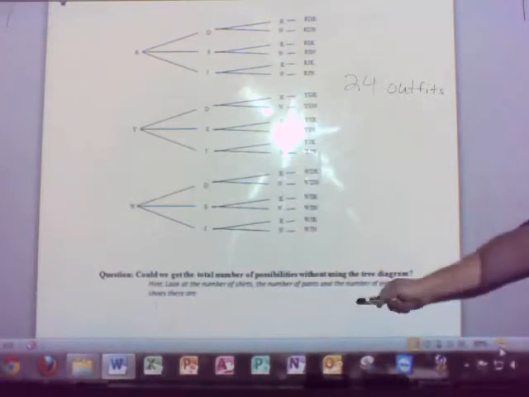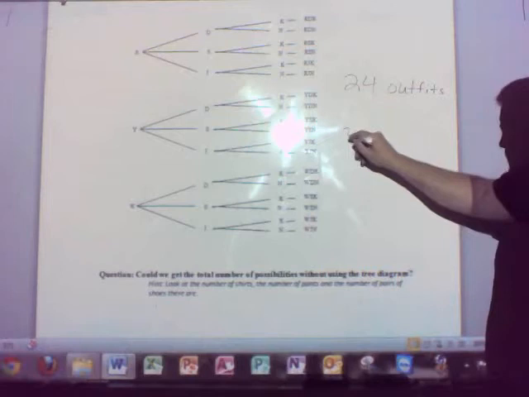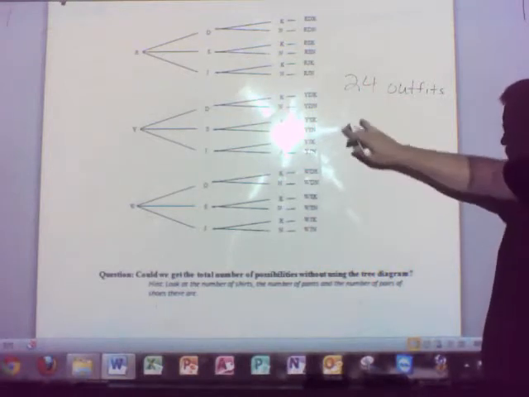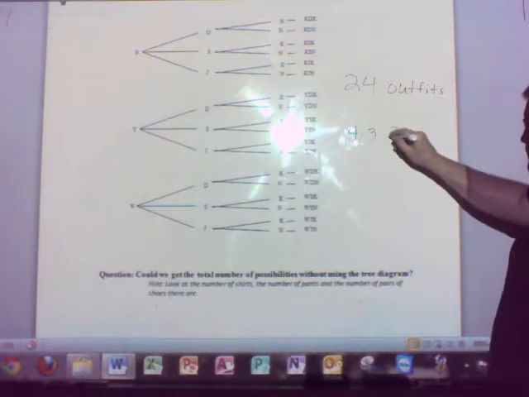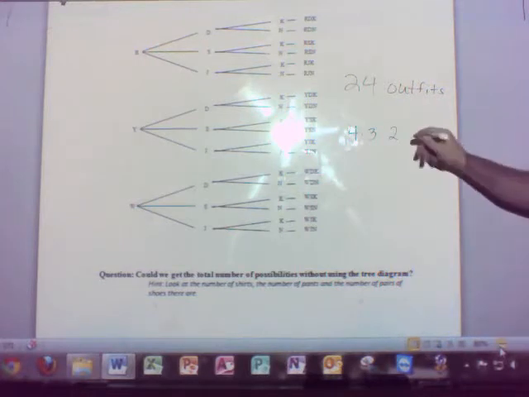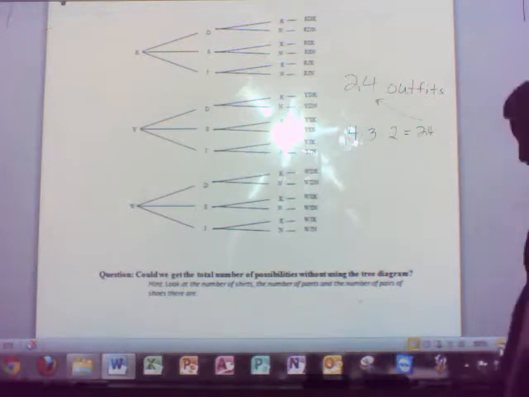Hint, look at the number of shirts, which is 4, the number of pants, which is 3, and 2 shoes. 4 shirts, 3 pants, 2 shoes. Is there any way I could get 24 out of those 3 numbers? And I gave you a big hint right there on the board. What is 4 times 3 times 2? It's 24. Not by coincidence is that matching.